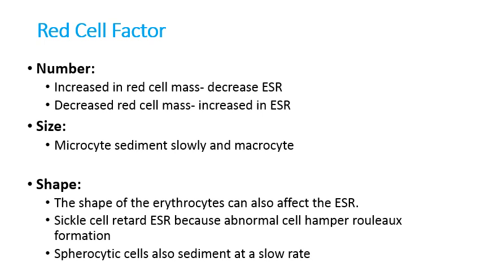But what actually happens is that these macrocytes are heavier than the microcytes, right? So because of that, the microcytes sediment slower than the macrocytes. So in microcytes, the ESR is less, right? So the shape can also affect the ESR.